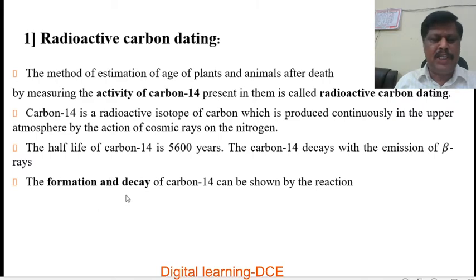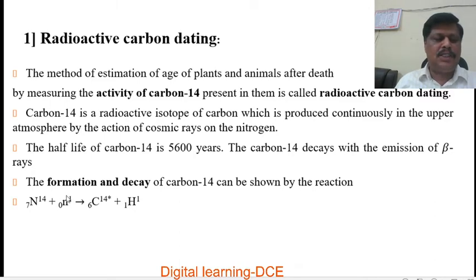The formation and decay of carbon 14 can be shown by the reaction as follows. In the atmosphere nitrogen is present and this is a neutron. That means cosmic rays consist of neutrons.